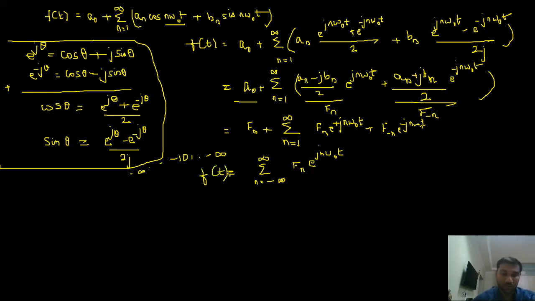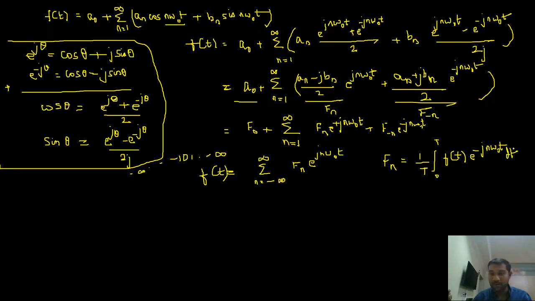So this is my expression for the complex exponential Fourier series. Now what is the formula for fn? The fn formula is nothing but 1 by T, integral 0 to T, f of t e^(-jnω₀t) dt.